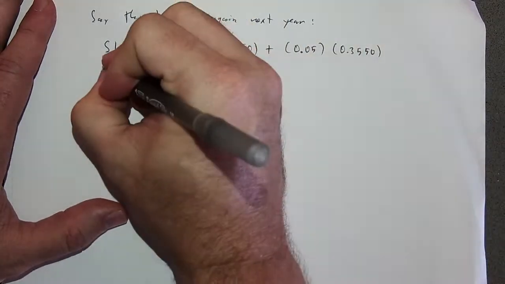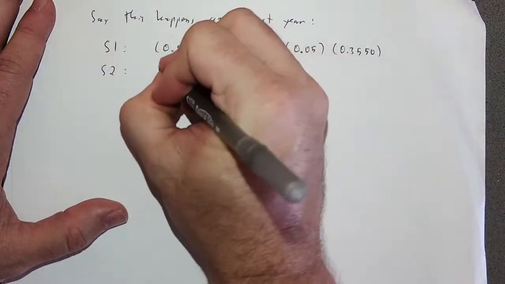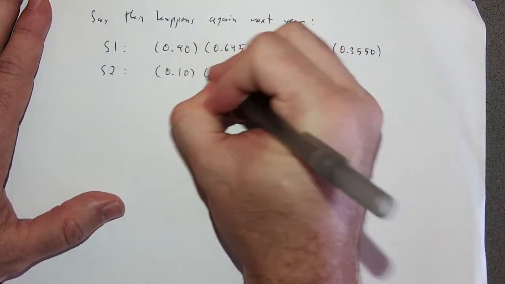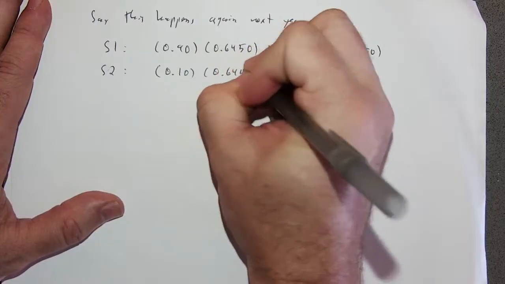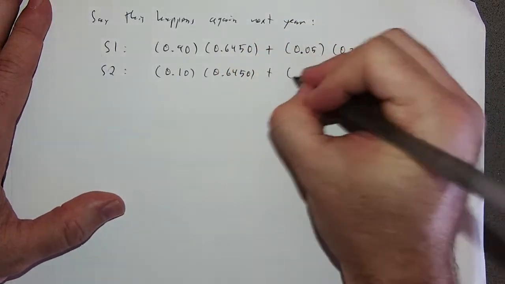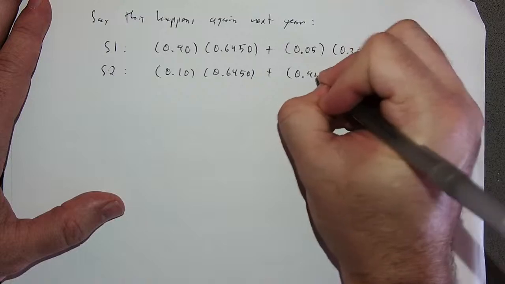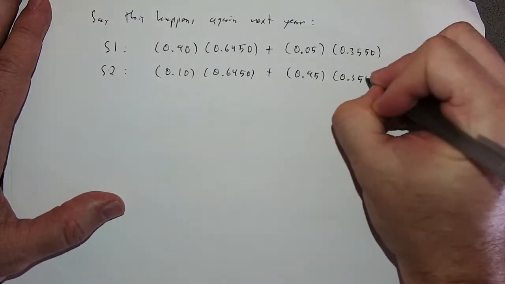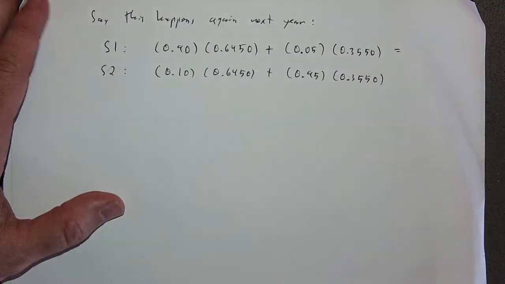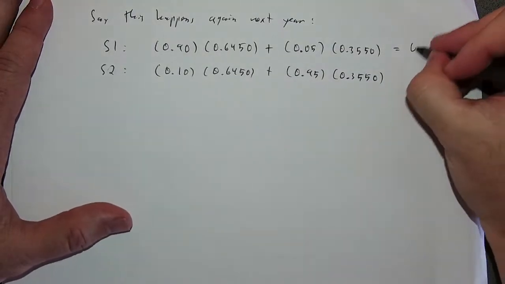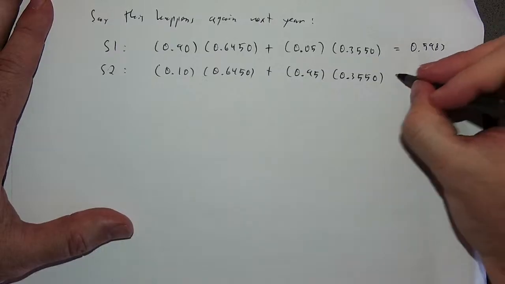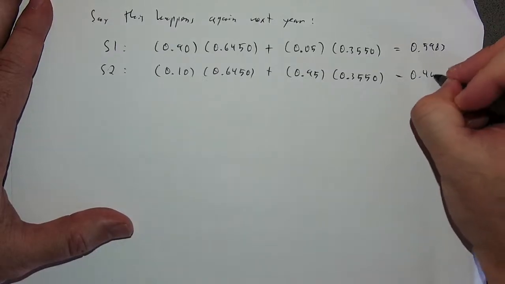There it is. And for state 2, I have 10% of people from state 1 plus 95% of people from state 2. And again, I could compute these and see that this is 0.5983 and this is 0.4017.